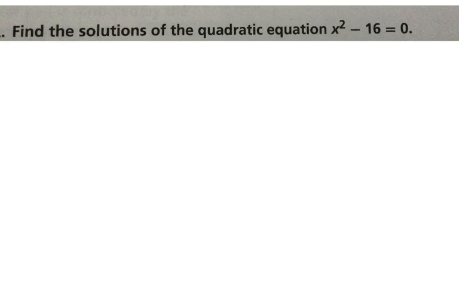So let's put this equation into our graphing calculator. What looks different here? There's no f of x. Can we put the equal sign? Nope. So let's talk about that very quickly. x squared minus 16 equals 0 is the same thing.